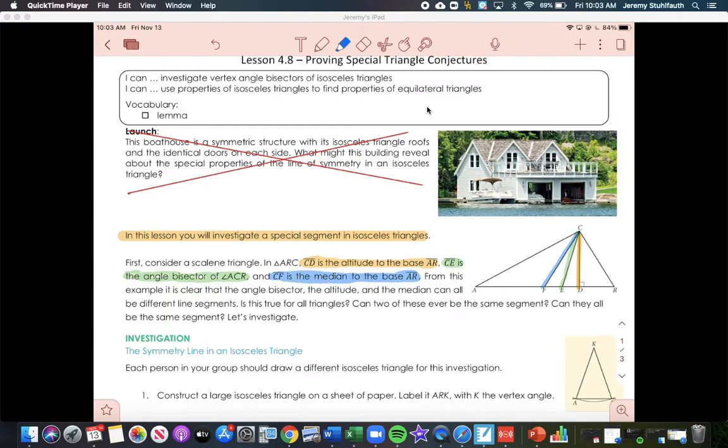Okay, so we have those three different lines, and what you'll be able to notice here is that clearly all three of these lines, the altitude, the angle bisector, and the median, are all three different lines in this triangle. So our question is, is this true for all triangles?